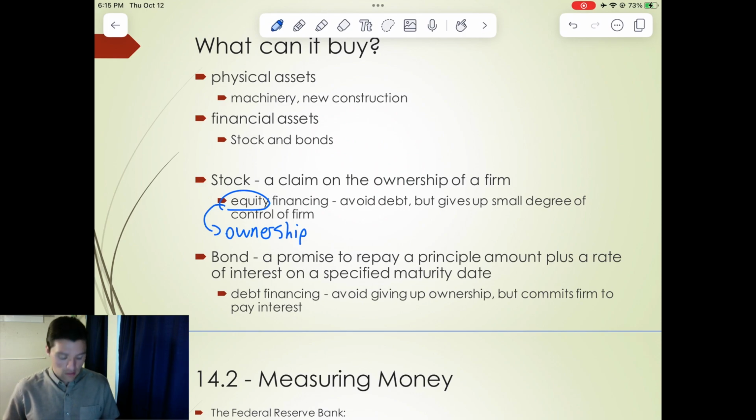So with a bond, I'm a company and I need $1 million. I say, will you give me $1 million and then I'll pay you back later plus interest. Now this is different from a loan.